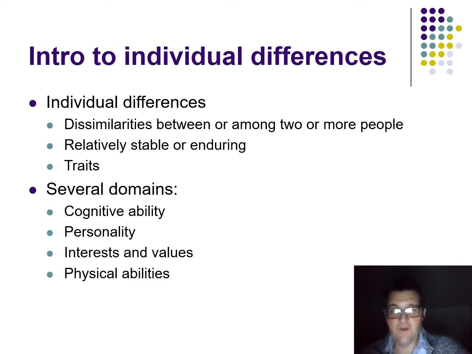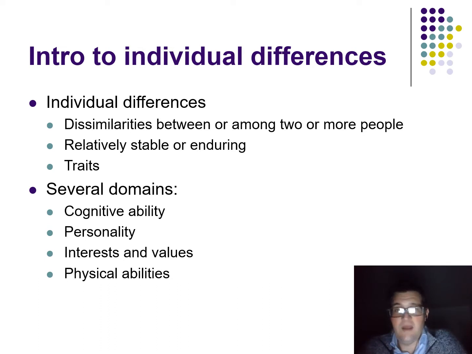But in general, we're talking about psychological differences in interests, talents, capabilities, those sorts of things. The important thing about them is that they are relatively stable or enduring, right? That they don't change all the time.